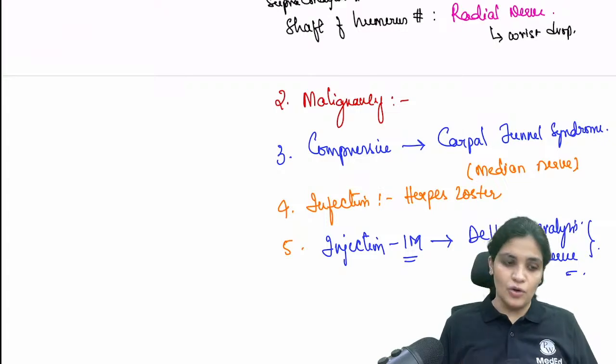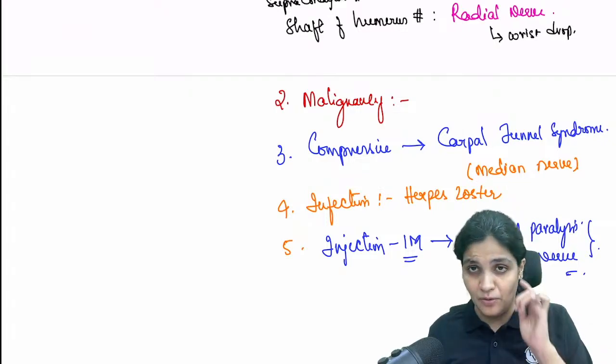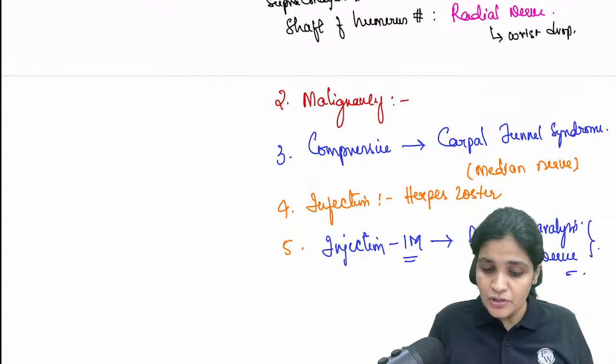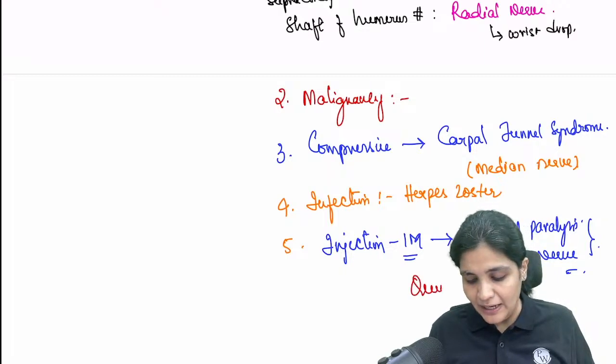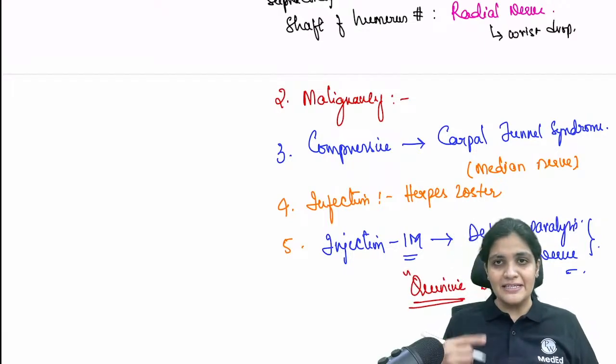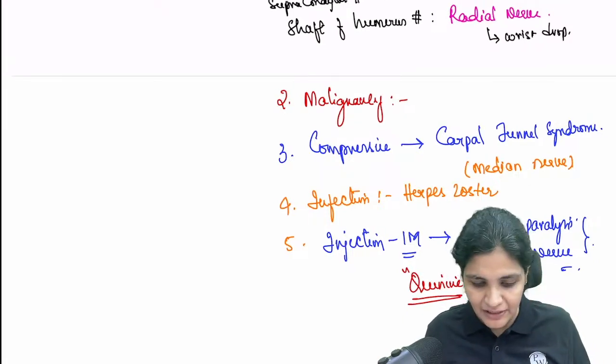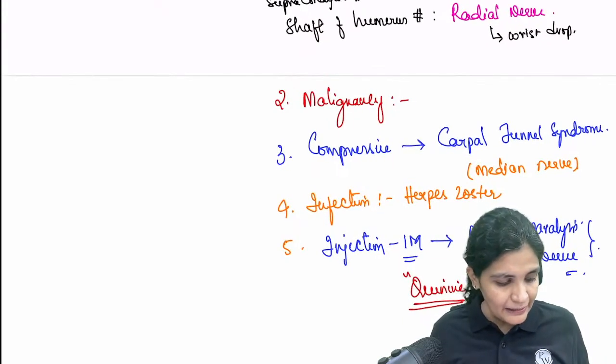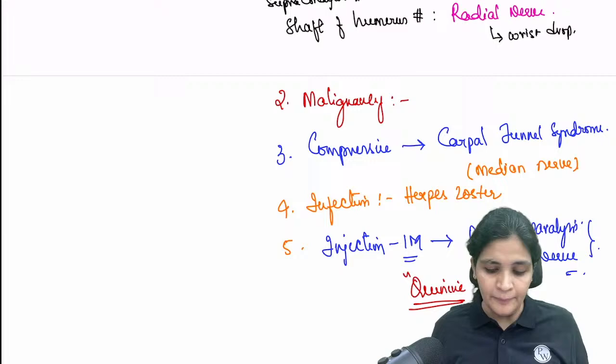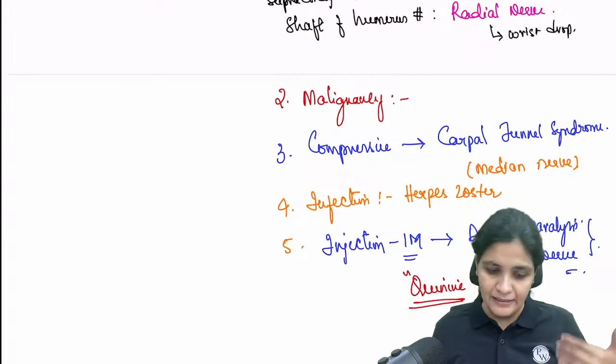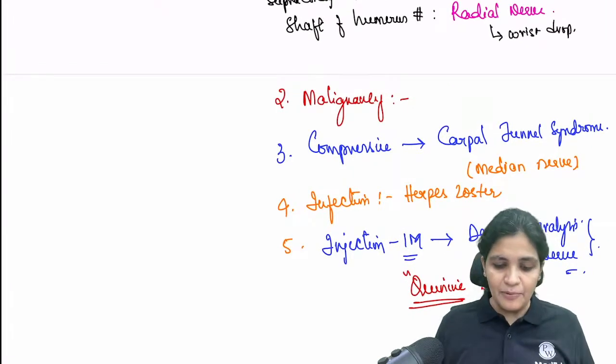So the history of injections can also be one of the causes, not all the time, one of the causes. And the most common injections are quinine injections, right? This was used extensively for malaria. The quinine injections also result in nerve palsies, nerve injuries, right? So this is about the history taking.